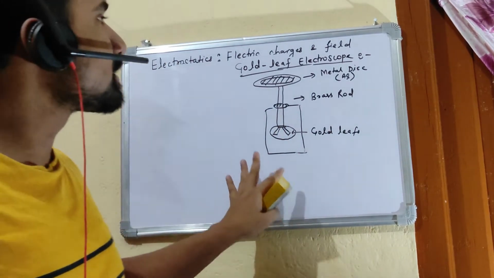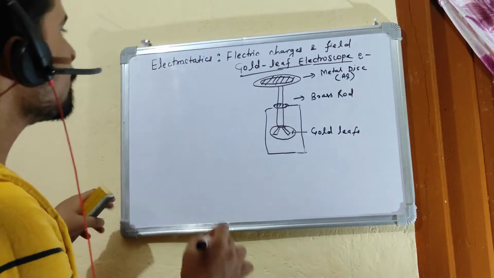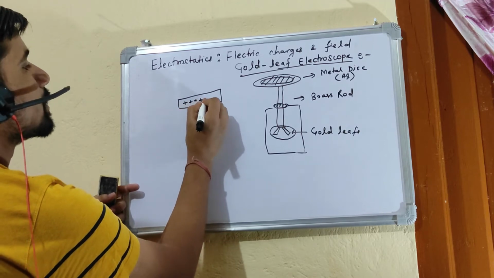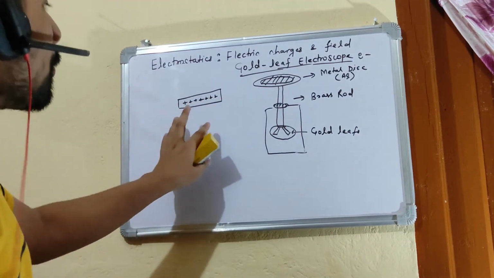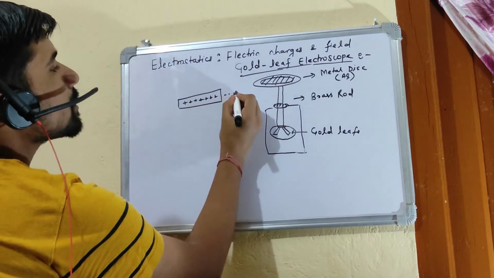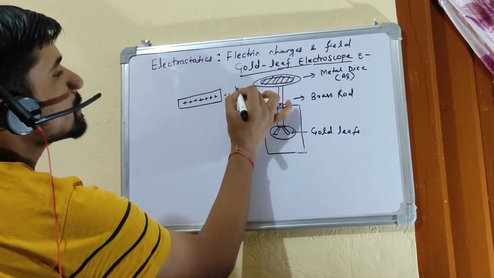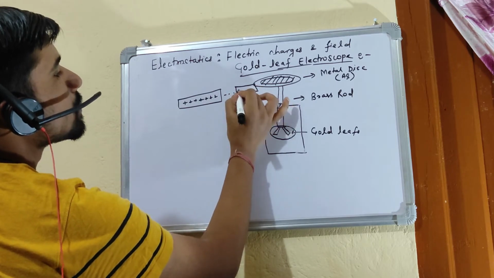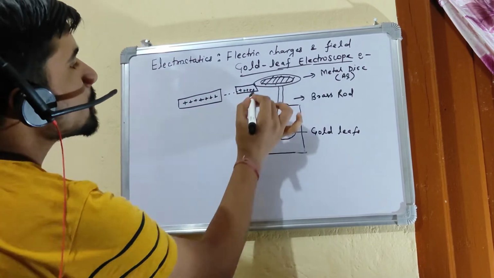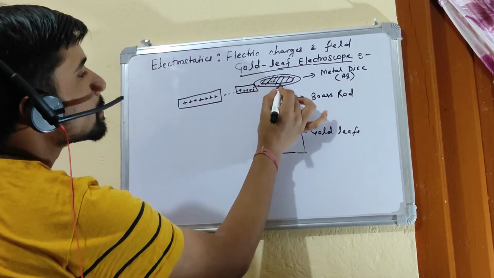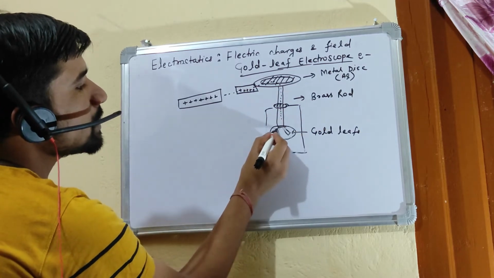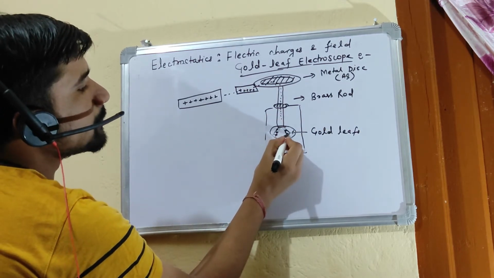So how does it detect any charges? Let's say we have a charged body. This is a charged body, and this body is having positive charge. So when this body is brought in contact with this particular metal disc, this charge is transmitted to this metal, and this charge is distributed in both these leaves.